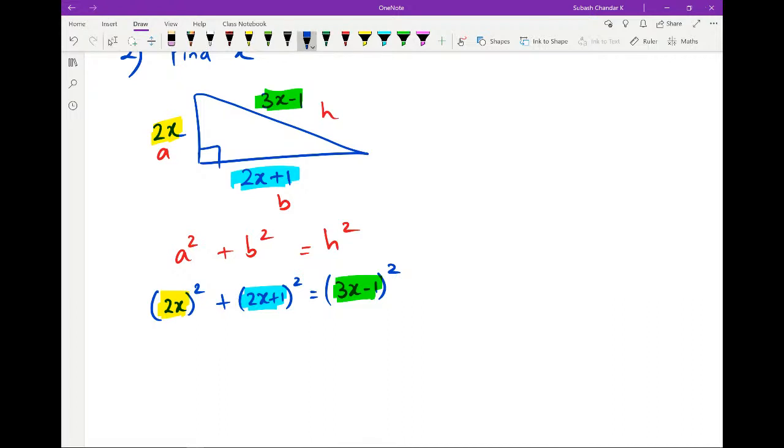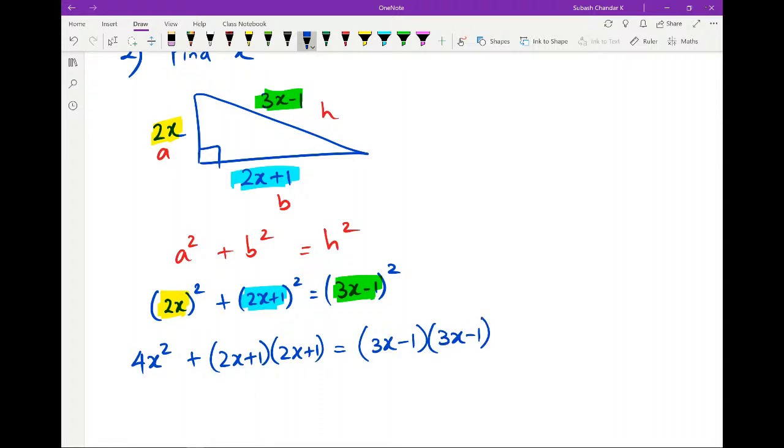You're good to go. So 2x squared is just going to be, I knew I was going to make this mistake, I always do. It's actually 4x squared, because 2x times 2x is 4x squared. Plus, I'm going to put the 2x plus 1, and expand the brackets out. It's always a good idea to expand the brackets, otherwise you end up making silly mistakes.